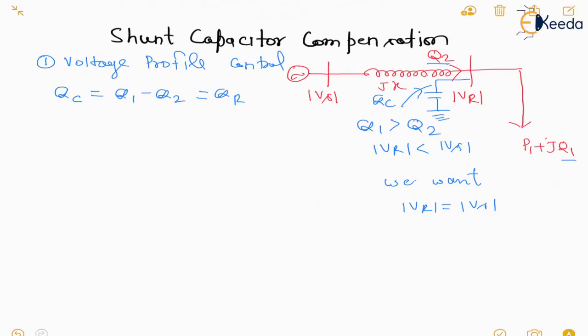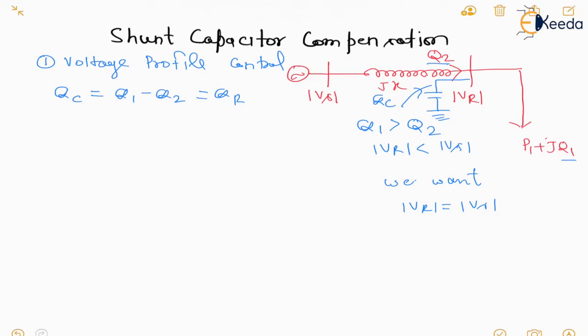Whenever we find the receiving end voltage is less than Vs, it means there is a deficiency of reactive power, so we will connect one shunt capacitor, where QC is equal to Q1 minus Q2.